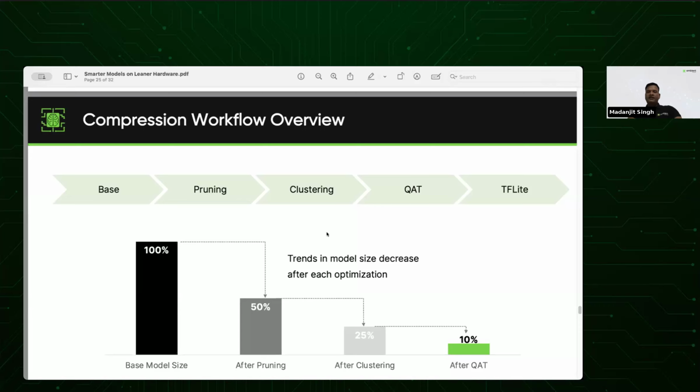And then after QAT, from 25%, it goes to, let's say, 10%, even less than that. You could see the example also, where a model could go down to 1% from, let's say, megabytes to kilobytes, without impacting the accuracy of the model.